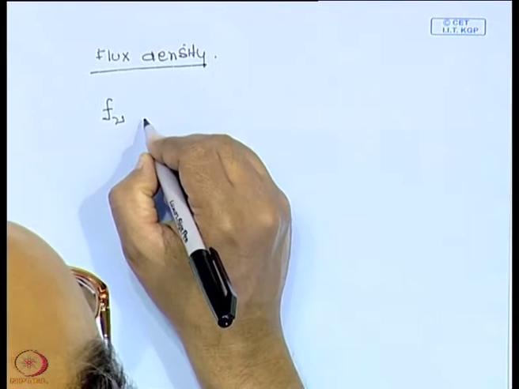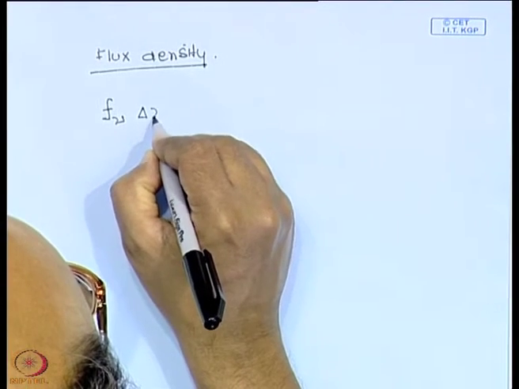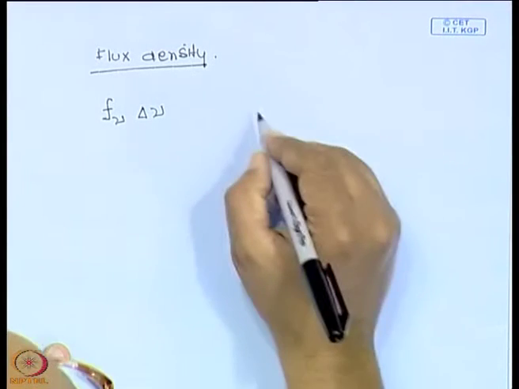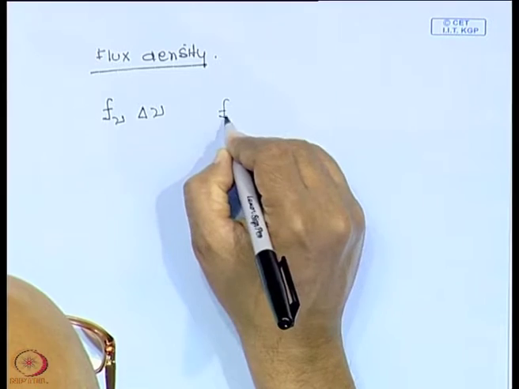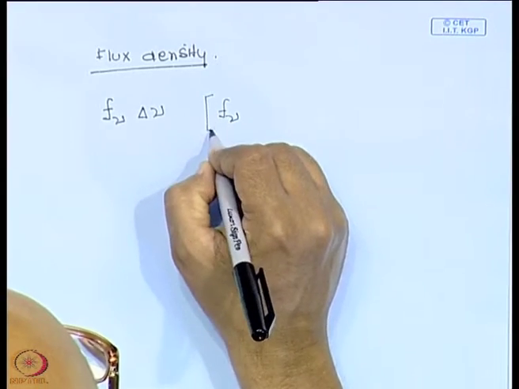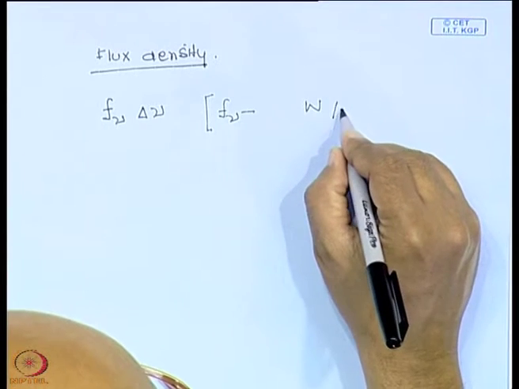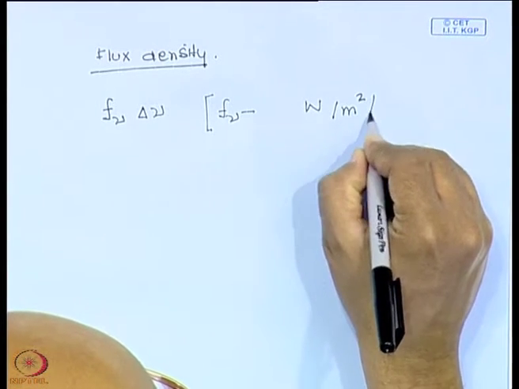So, this into delta nu tells me the energy coming per meter square, the flux of energy in 1 second. Okay. So, F nu has dimension watts per meter square per hertz.